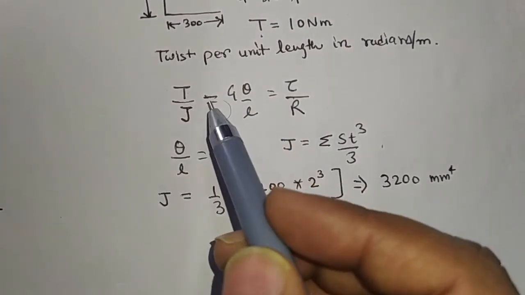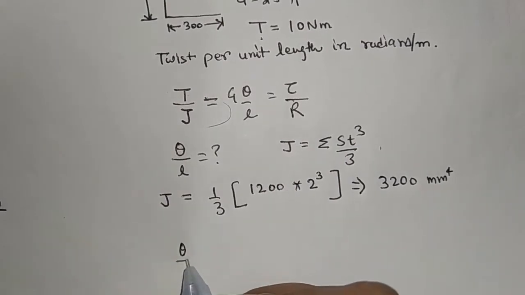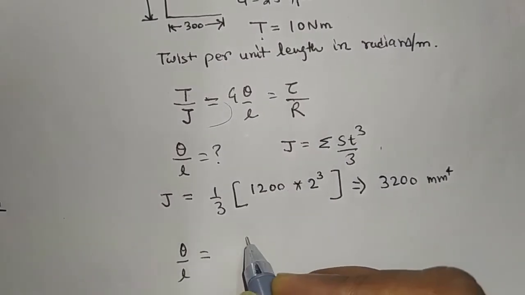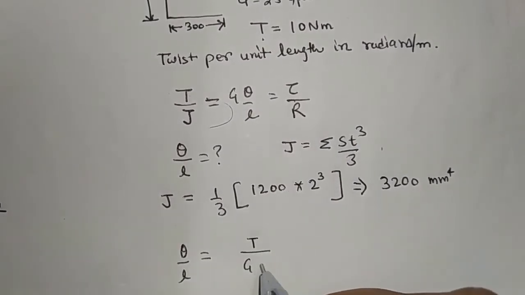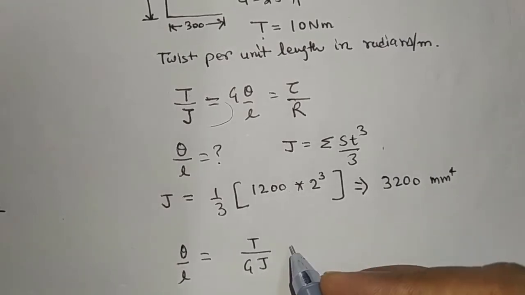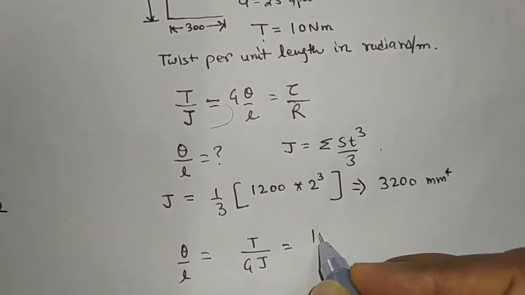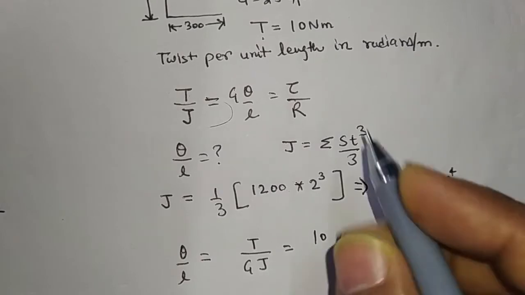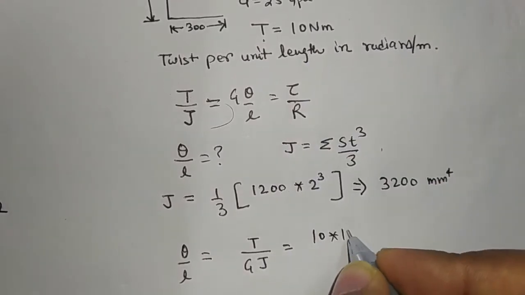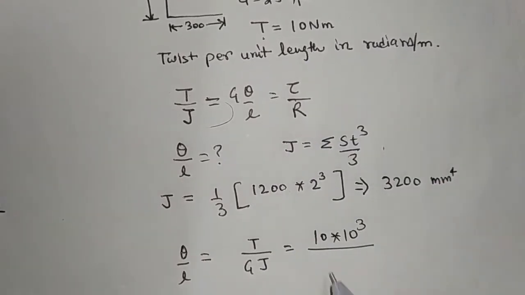So from this formula we can find theta by L equal to T divided by G into J. T is given as 10 Newton meter, in millimeters.